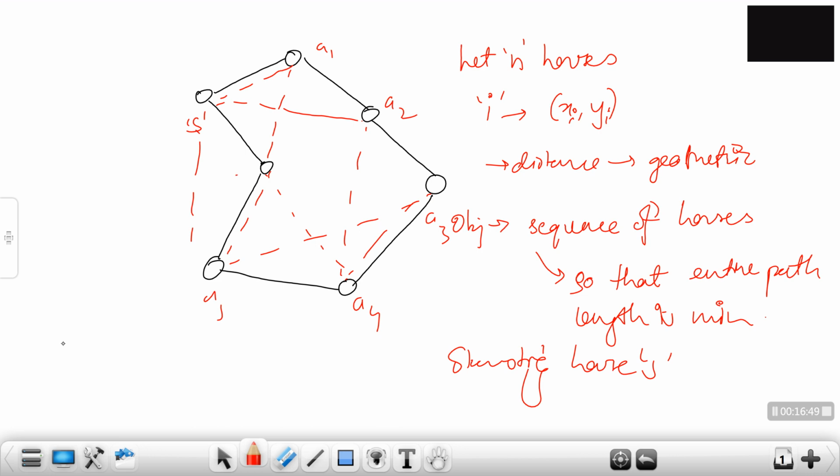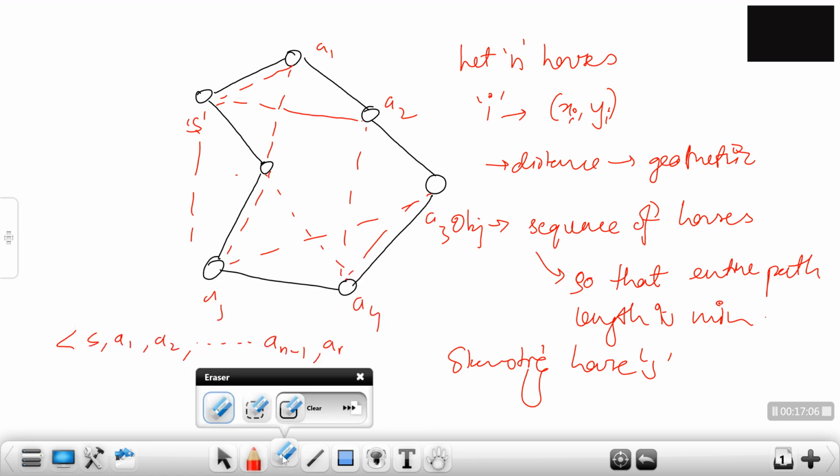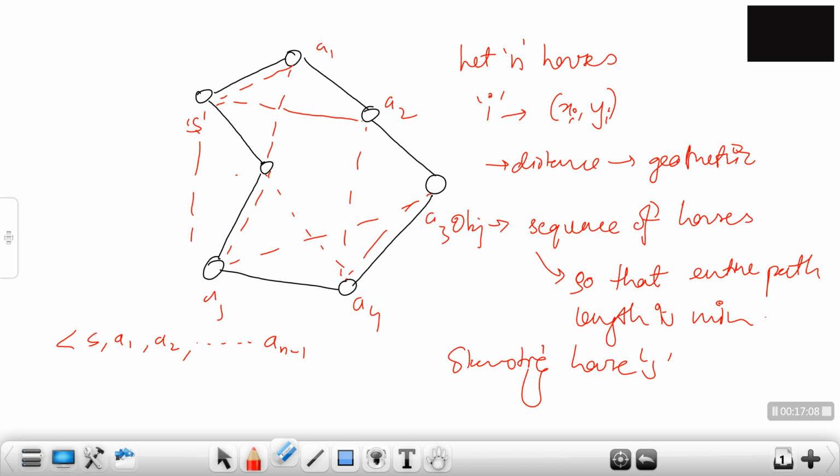Basically we denote it as S, A1, A2, and so on up to An, and then back to S, because we have taken one node as S. This is how the whole solution path will look: S, A1, A2, and so on.